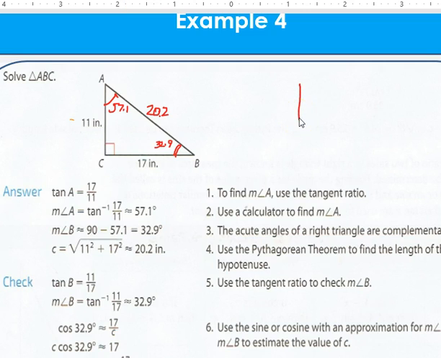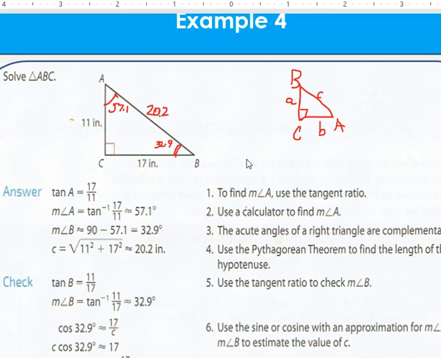Well, remember with our right triangles, if this is large angle C, this is small side C. And if this was B, this would be small b, and if that were A, this would be small a. Okay?